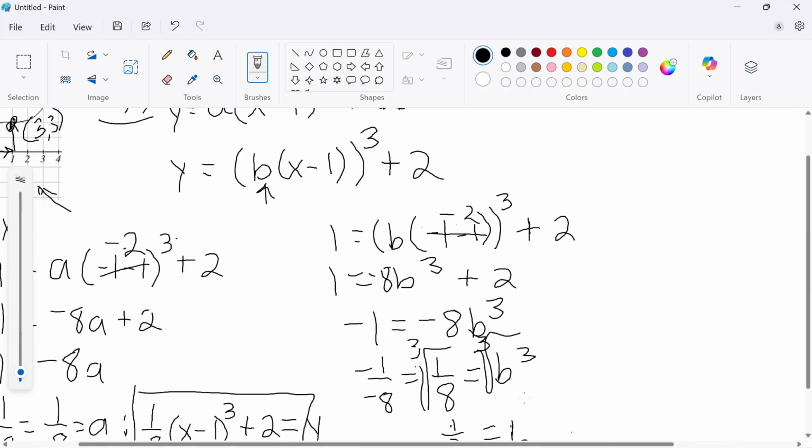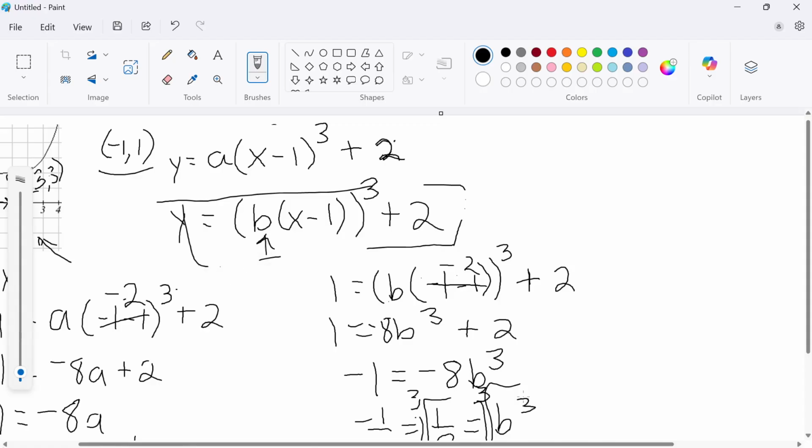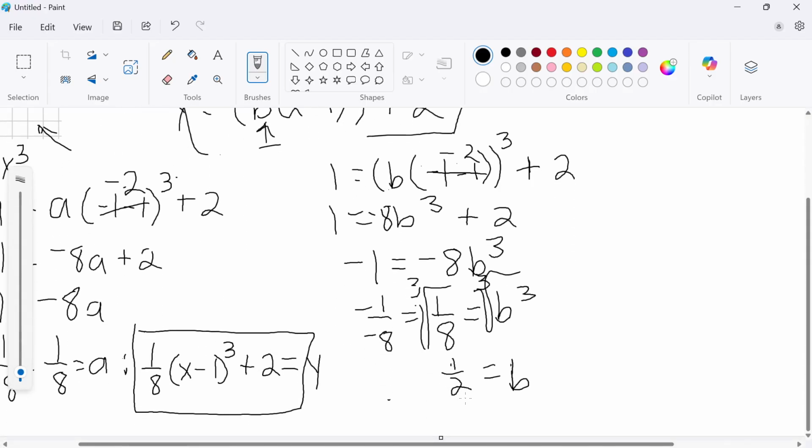So I can also write this, using the value of b, y equals 1/2 times x minus 1 cubed plus 2.